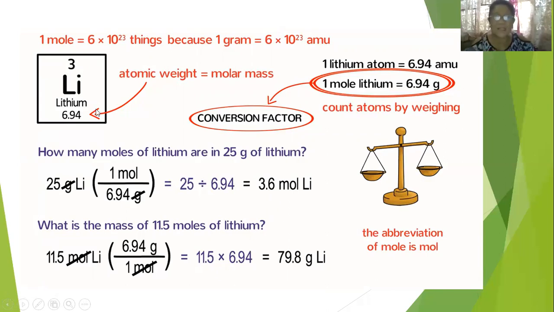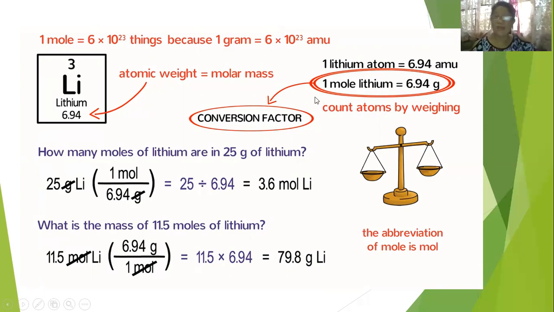What is needed here is the atomic weight. So what is atomic weight? Atomic weight, molar mass, and formula mass are the same. So for lithium, that is 6.94. In 1 lithium atom, that is equivalent to 6.94 atomic mass units.